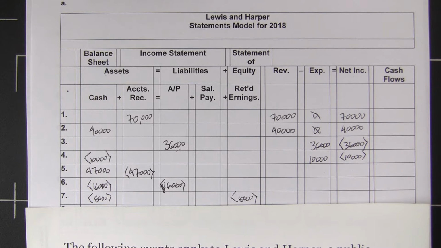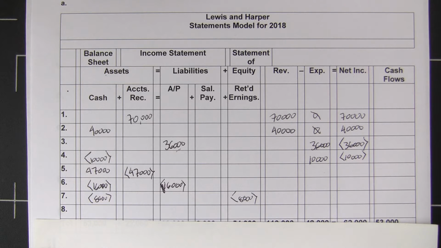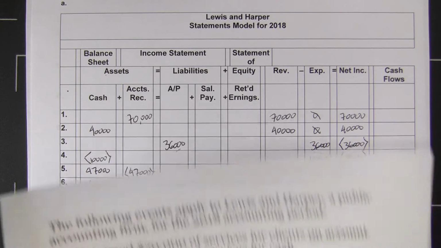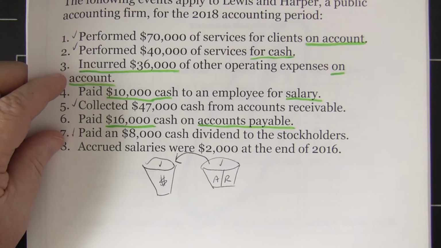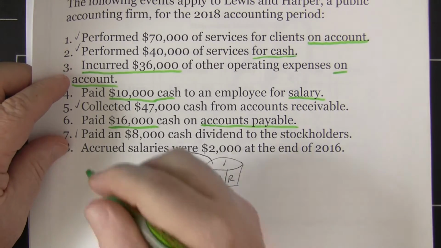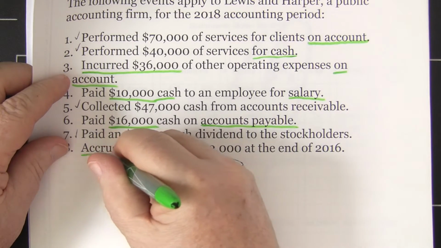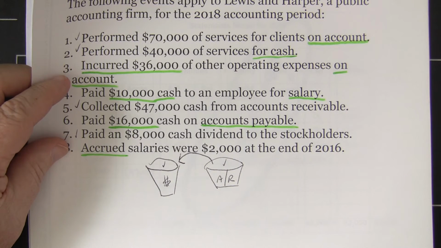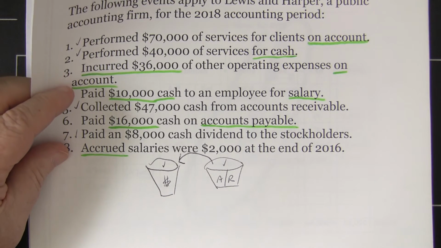Now, I want to go back for a minute. Well, let's do the last one, and then we'll go back and do them all at the same time. The last thing it tells us is accrued. Accrued means owed but not paid. So we owe our employees $2,000 at the end of the year.